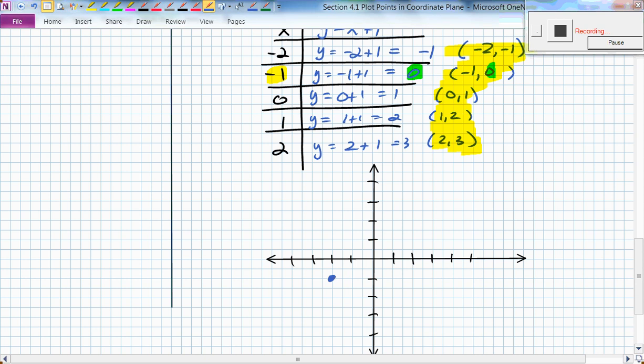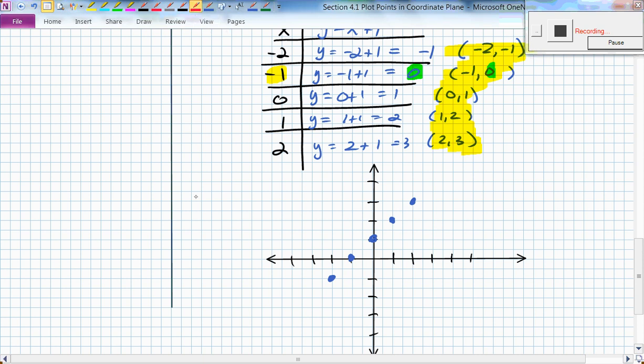Where's the next point? -1, 0. So go from the origin, go 1 to the left, and go up and down 0. Good. Where's the next point? 0, 1 should be straight up from the origin. How about the next point? 1, comma 2. And then finally 2, comma 3. So you should have a total of how many points on the graph? You have 5 points. Good.